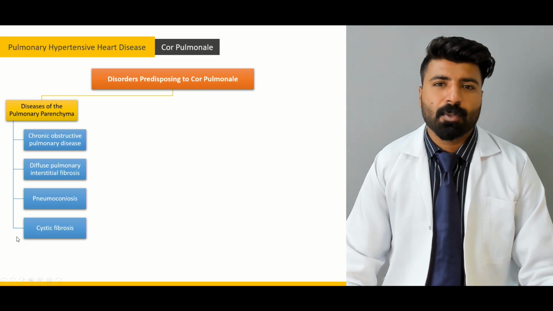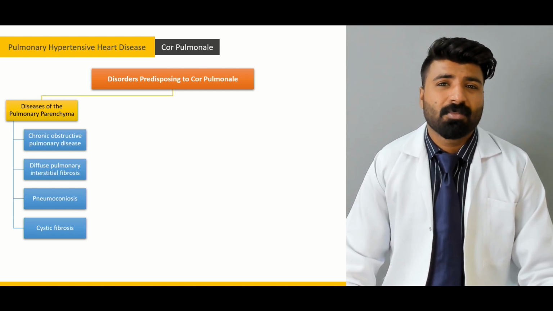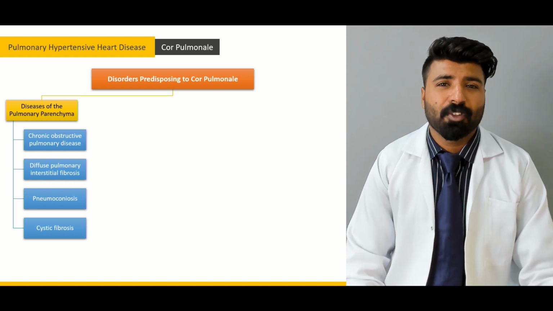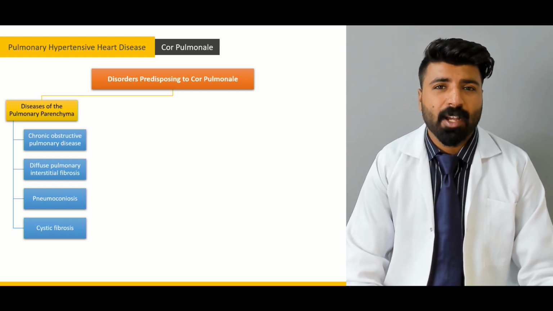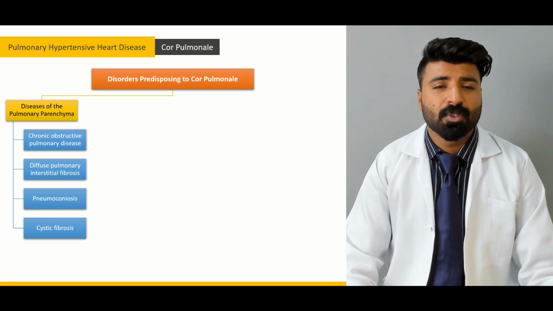Next one we have cystic fibrosis, in which the patient's lungs are gone already. They're filled with this material. They're unable to even exchange the gases properly. They're unable to even breathe properly. So they won't be able to supply the blood with the oxygen that the blood requires. And this in turn will lead to pulmonary hypertension, and that in turn will lead to cor pulmonale.